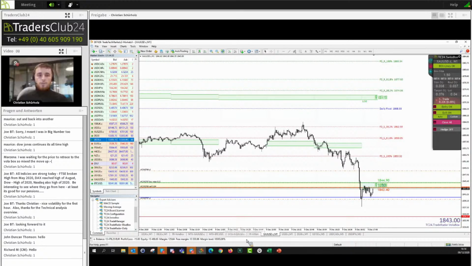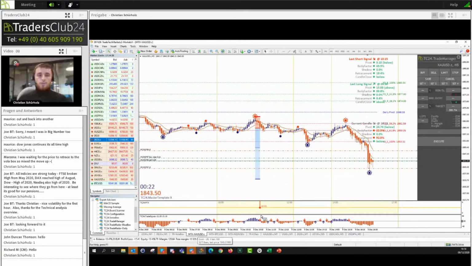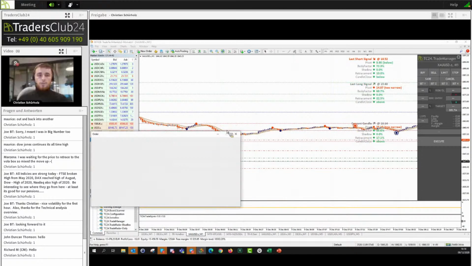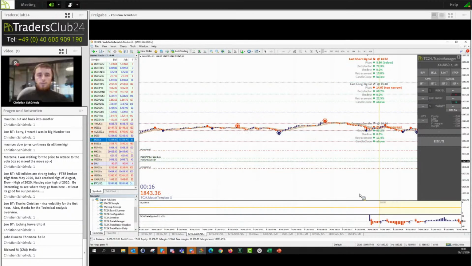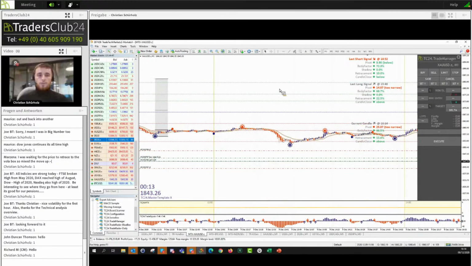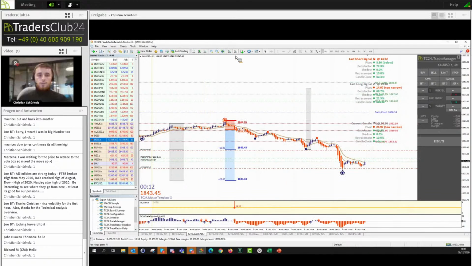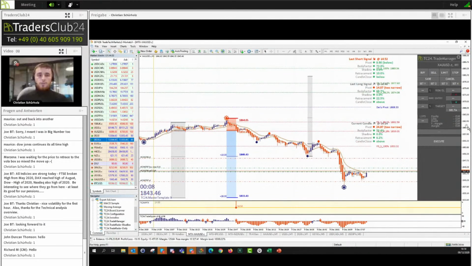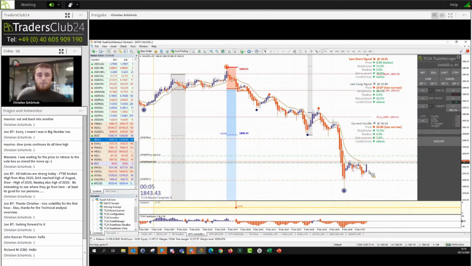Gold over here making its step back up. Look at the minutes. Oh, so blue candle here. Could be setting us up for a buy.